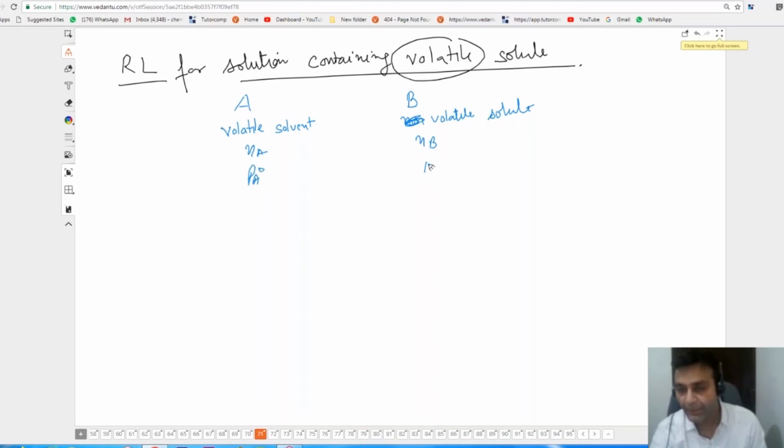Pa naught and Pb naught are their vapor pressures in the pure form, and Pa and Pb are their vapor pressures in the solution. I hope all these terms are very clear. So according to simple logic, the total pressure of the solution should be equal to the sum of these two, Pa and Pb.